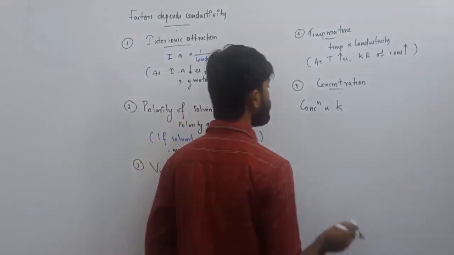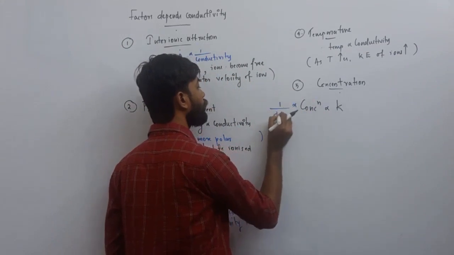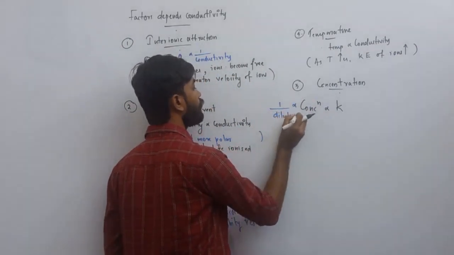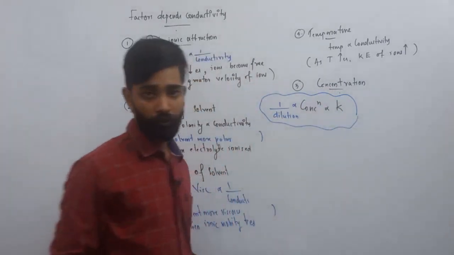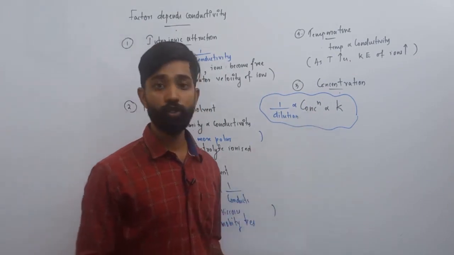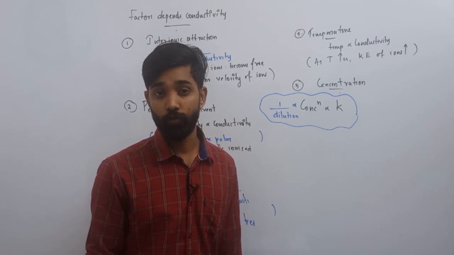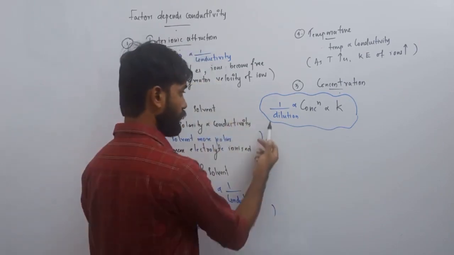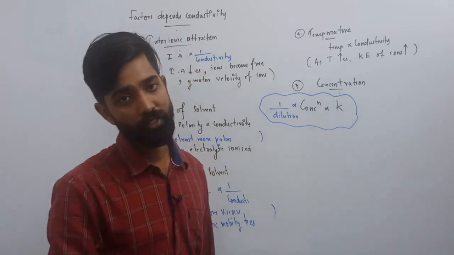And we know that concentration is always inversely proportional to dilution, right? So this is important. If the concentration of a solution increases, specific conductance increases. Or simply, if the dilution of a solution increases, which means concentration decreases, specific conductance also decreases.